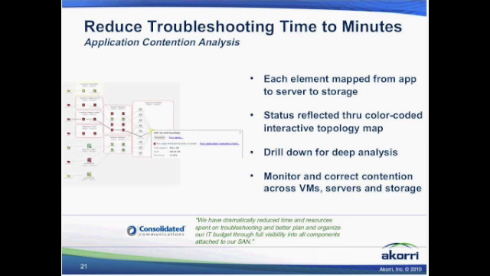So BalancePoint provides a color-coded map, red, yellow, and green, real easy to interpret, but this is not an availability tool. It will tell you if things are up or down.